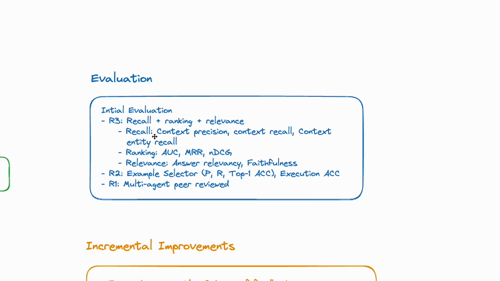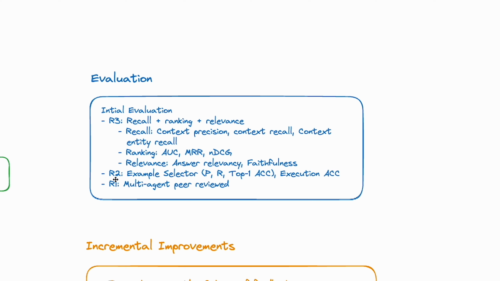For recall related metrics, we can calculate context precision, context recall, and context entity recall. For ranking, we can calculate AUC, mean reciprocal rank, and NDCG, which is normalized discounted cumulative gain. For relevance, we can calculate answer relevancy and faithfulness metrics for the generated answer.